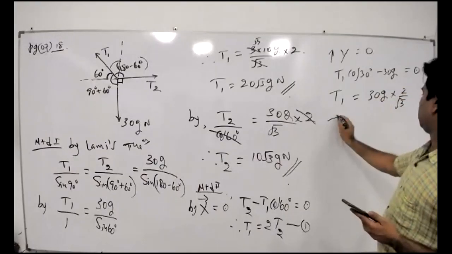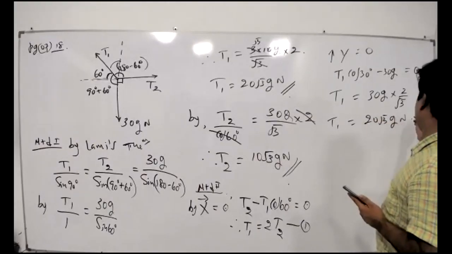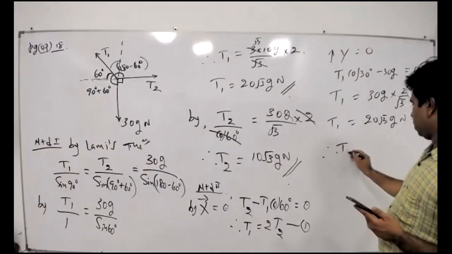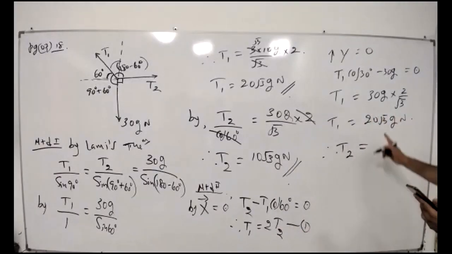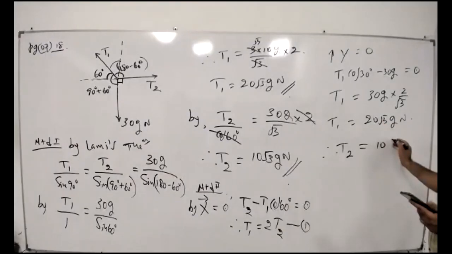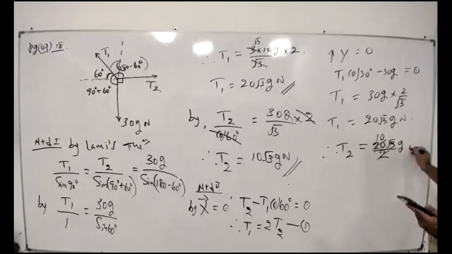Here T1 is 20 root 3g newtons. Therefore, T2 can be taken quickly: T2 is T1 over 2, that is 20 root 3g divided by 2, which means 10 root 3g newtons.